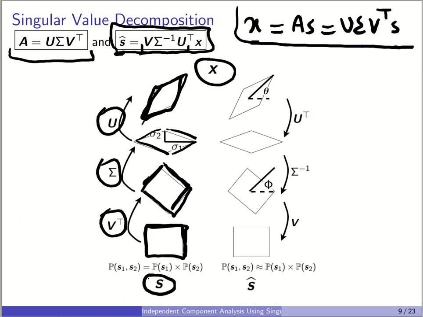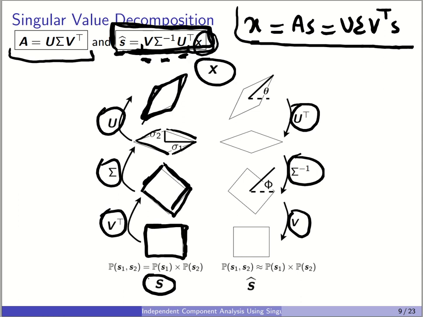Now focus on this equation, the second equation. We start with X, then we apply U transpose, you can see it here. Then we apply sigma inverse, you see it here. Then we apply V, we see it here. So we are doing this, and then we will estimate S.